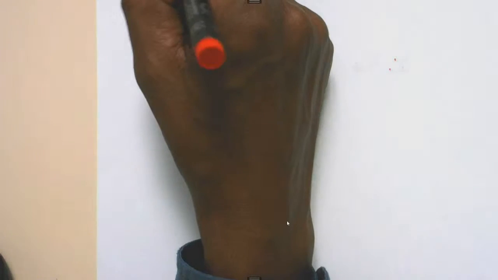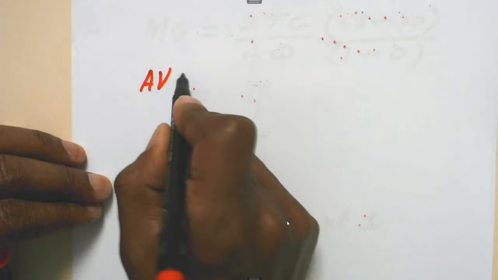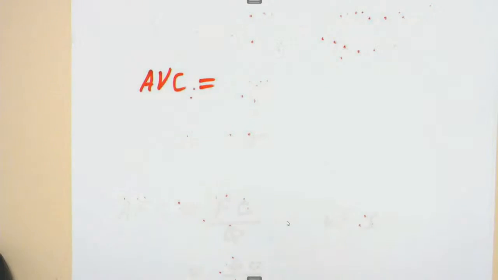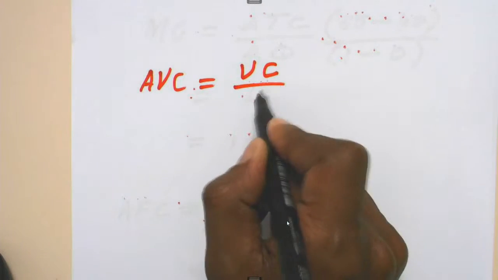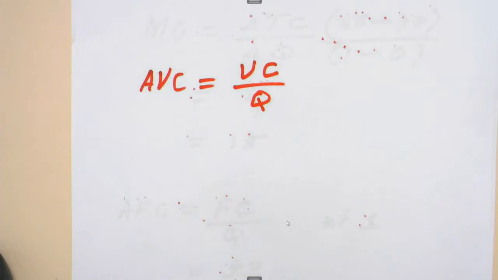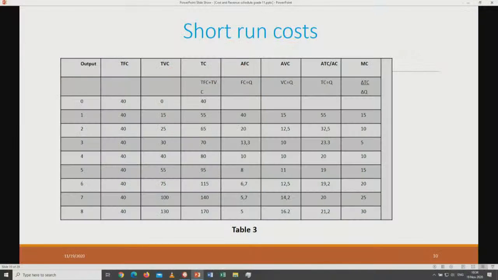According to the information on the table, we say your average variable cost is equal to our variable cost divided by quantity. Now, again, let's look at the table.